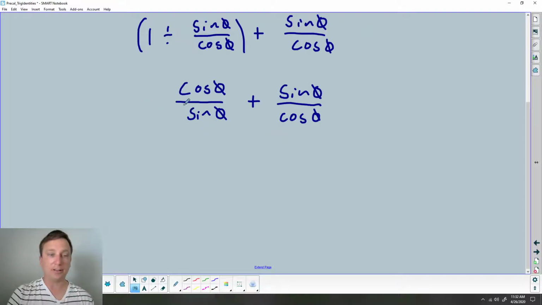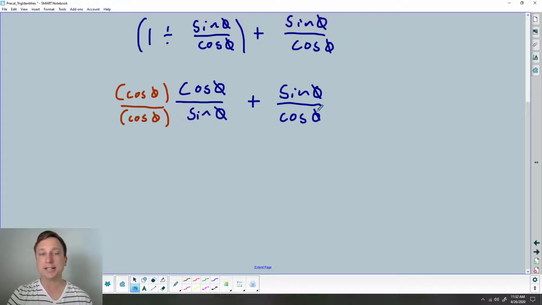We're going to multiply the left side by a cosine theta over cosine theta, which is just a complicated way of saying 1. Anything divided by itself is 1. And we're going to multiply the right side because we want the denominator to be cosine theta times sine theta. We'll multiply the right side by sine theta over sine theta. Again, anything divided by itself is 1. So we're just multiplying by a clever way of saying 1.